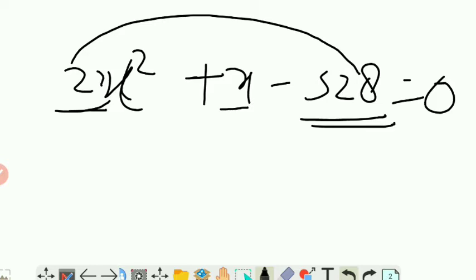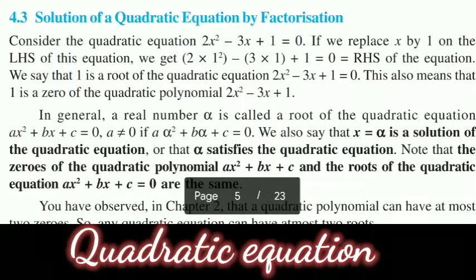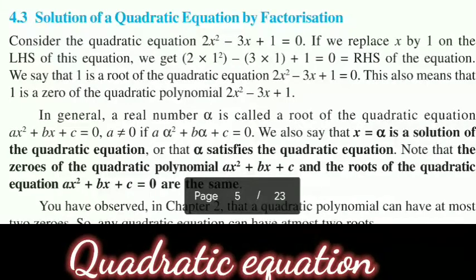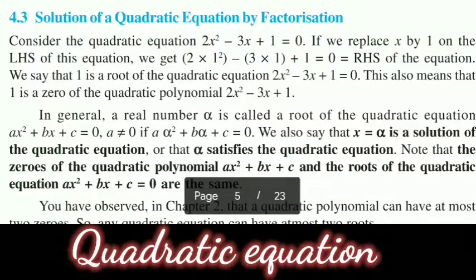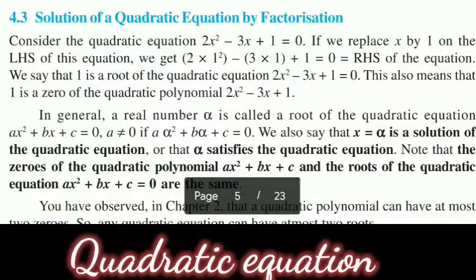So after the factorization you need to manage the terms like that, so you will get the 1. Okay, like this you need to factorize. Most important thing is the solution of a quadratic equation by factorization. Just I have told, by splitting the middle term, that is the one method. By that we can factorize the quadratic equation.